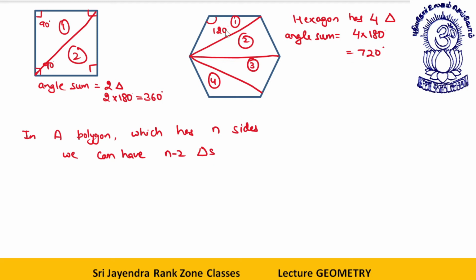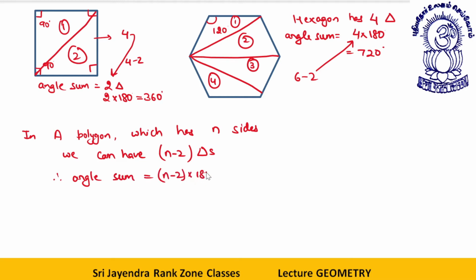See, this has 6 sides, so we have 6 minus 2, that is 4 triangles. This has 4 sides, so we have 4 minus 2, 2 triangles. Therefore the angle sum will be n minus 2 into 180 degree. This is the total interior angle sum.